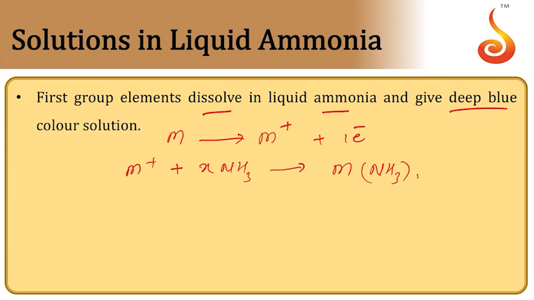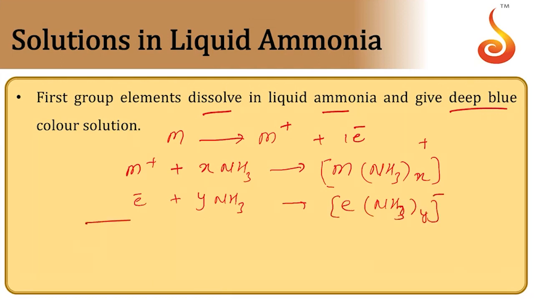It forms M(NH3) taken X times. This is said to be an ammoniated cation. Then electrons are also surrounded by ammonia molecules. I am writing here e(NH3) taken Y times, and this is called ammoniated electrons.